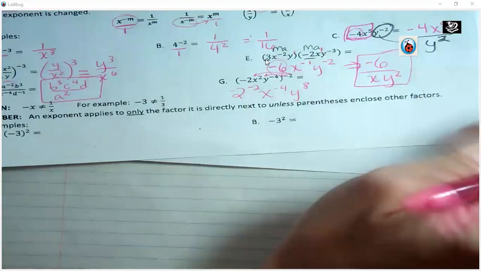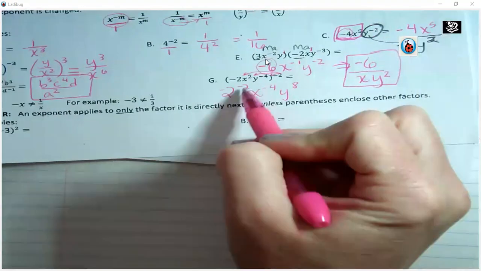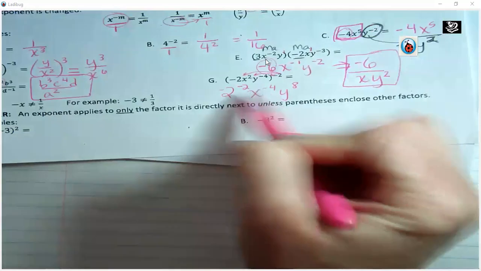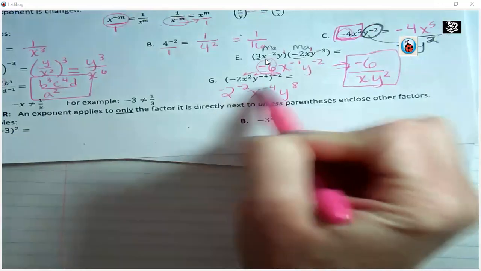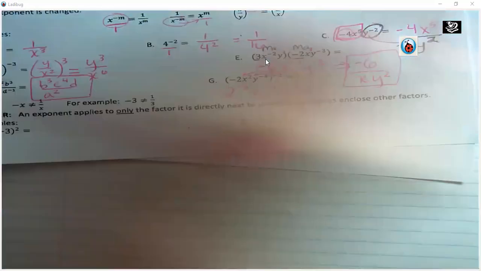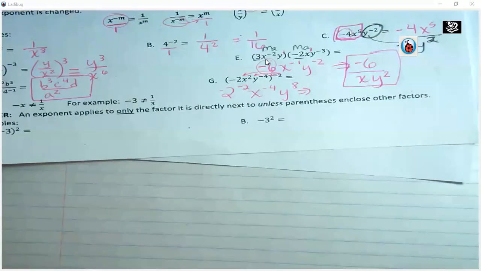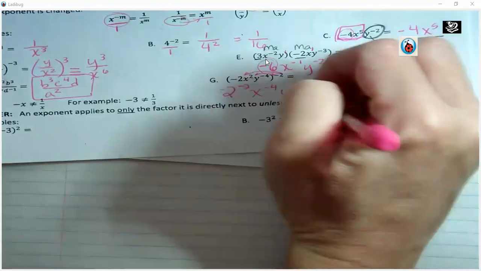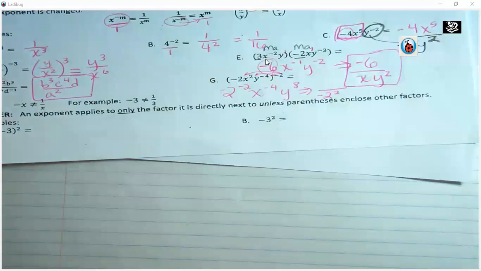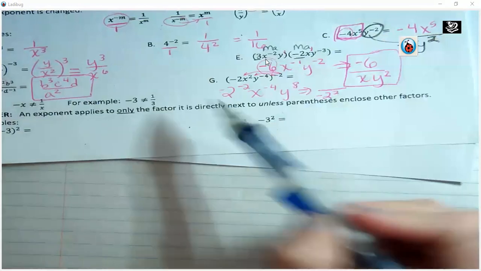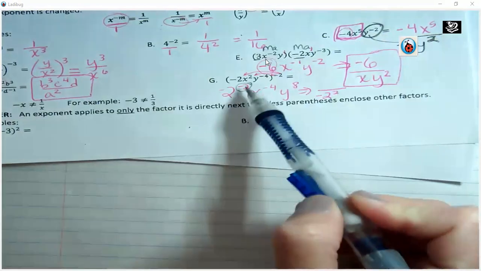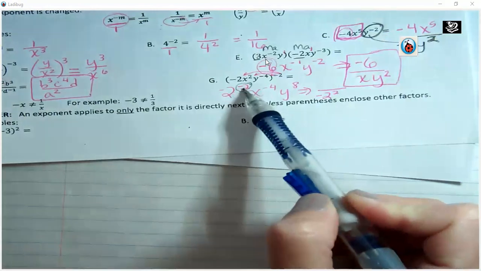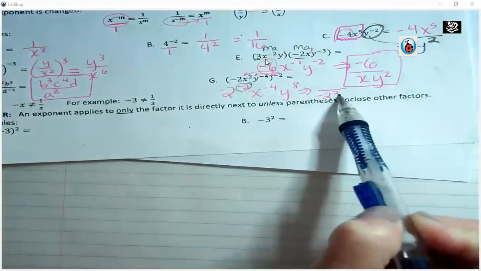All right, I'm not done because now I need to move these two because they have negative exponents. All right, so negative 2 to the negative 2, that moves to the bottom. So it'd be negative 2 to the positive 2. All right, look at this one. This is a very good example. Your exponent becomes positive when you move it.